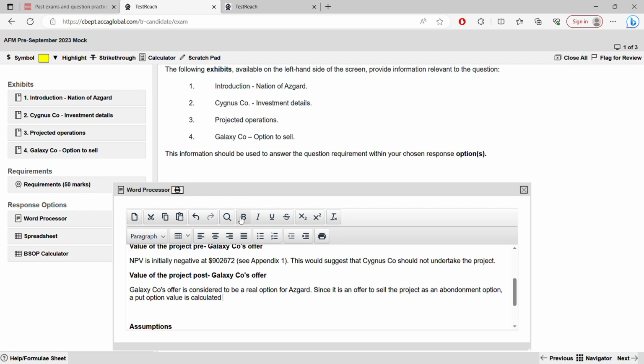So the abandonment put option is calculated based on the assumptions, and all of it is calculated using the Black-Scholes option pricing model.